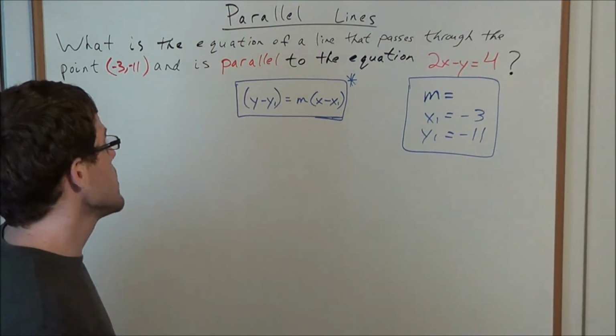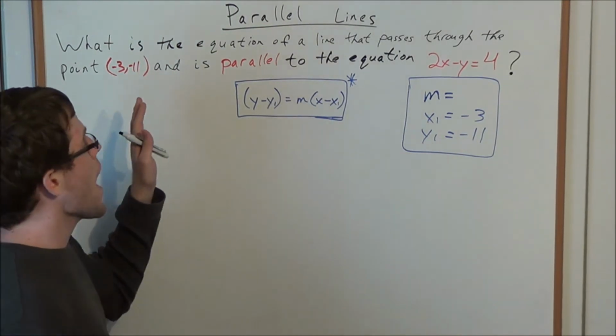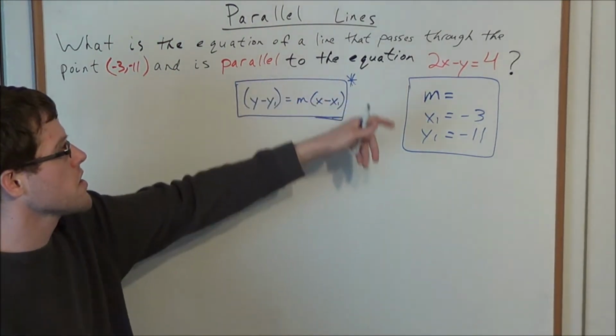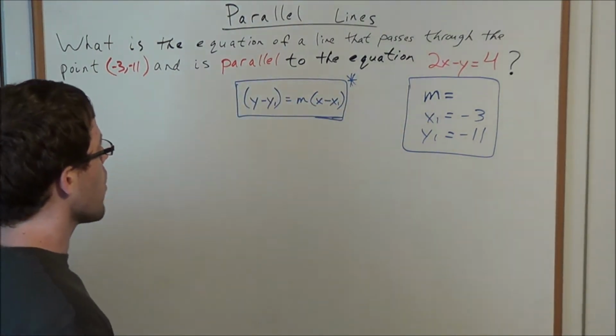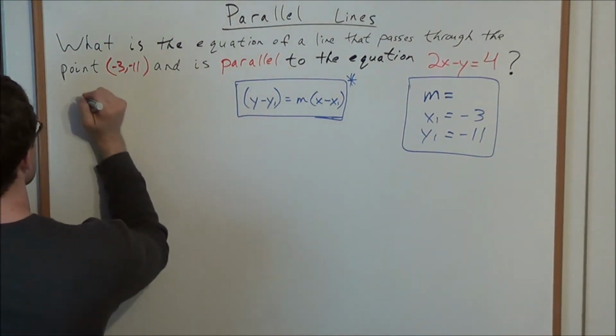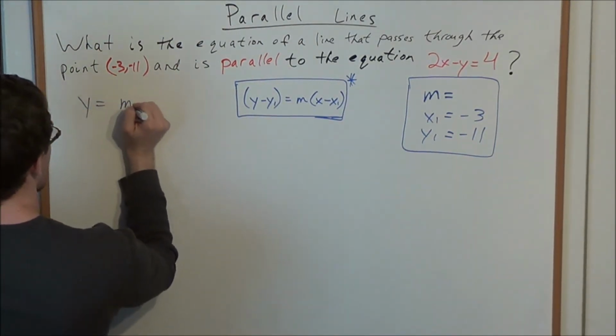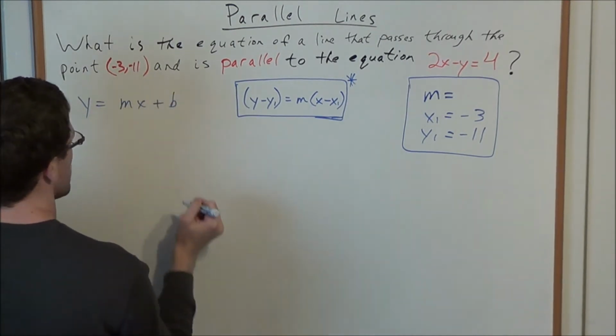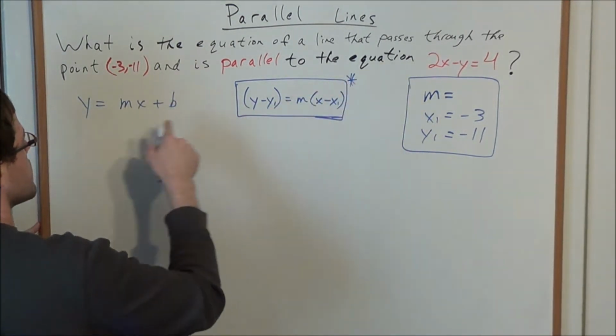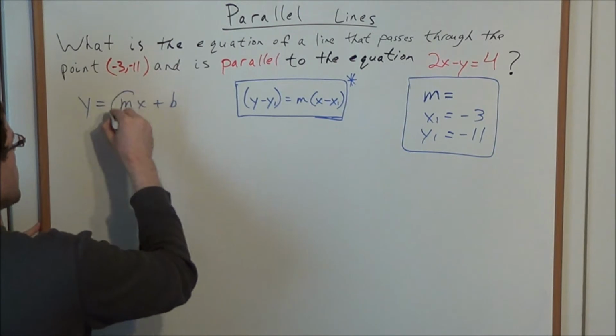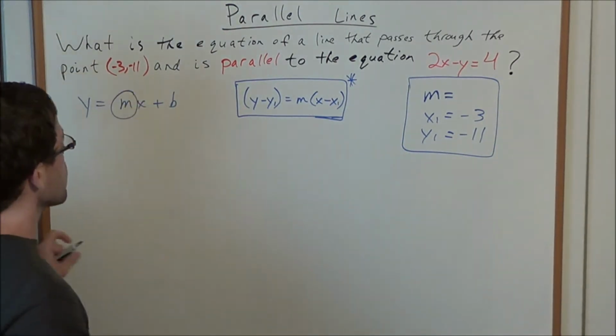slope of the line. But what they told us is that our line is going to be parallel to the equation 2x minus y equals 4. So we consider the equation y equals mx plus b. We need to put that line in the form of y equals mx plus b so we can target m, or the slope.